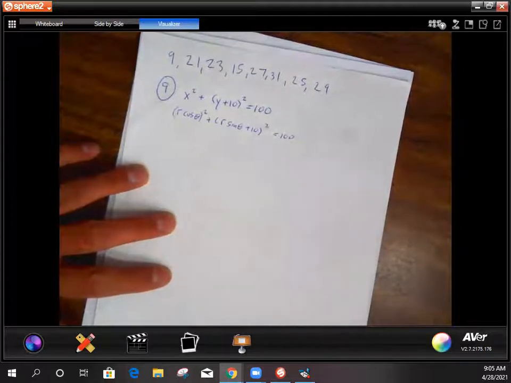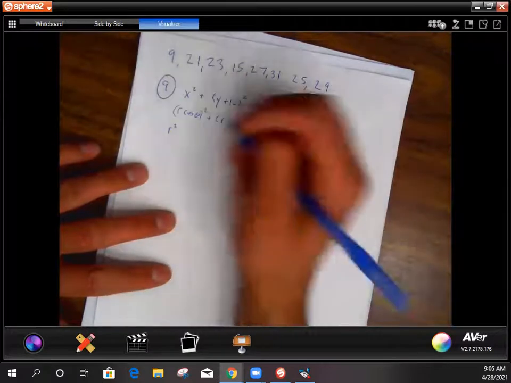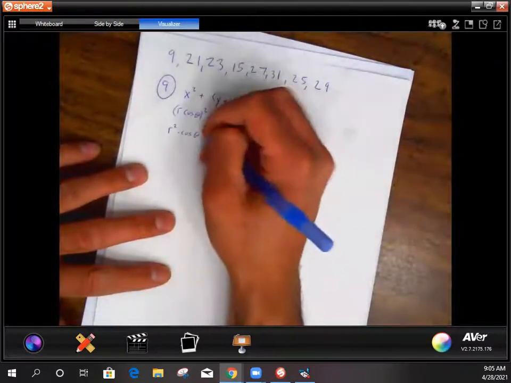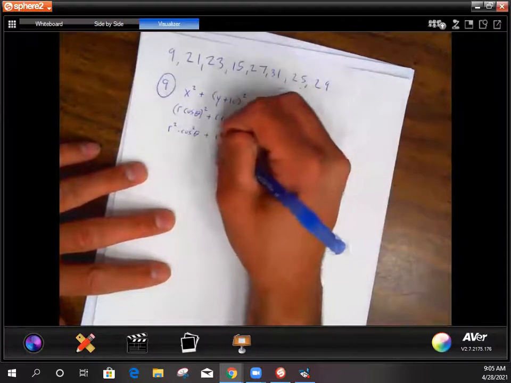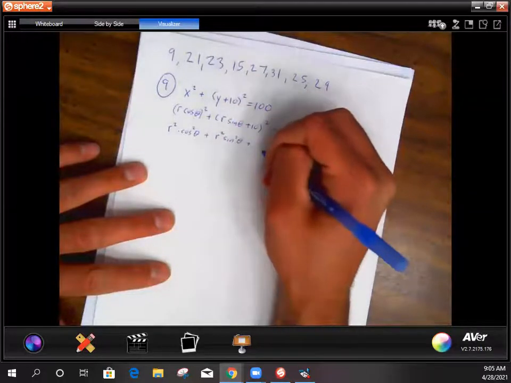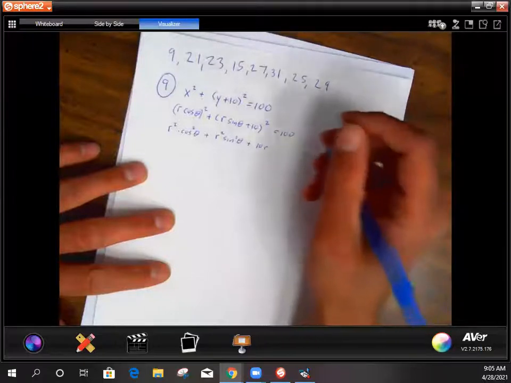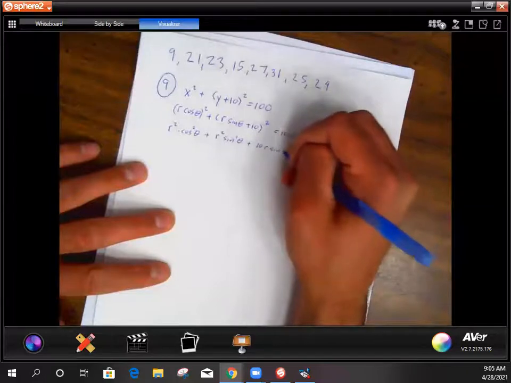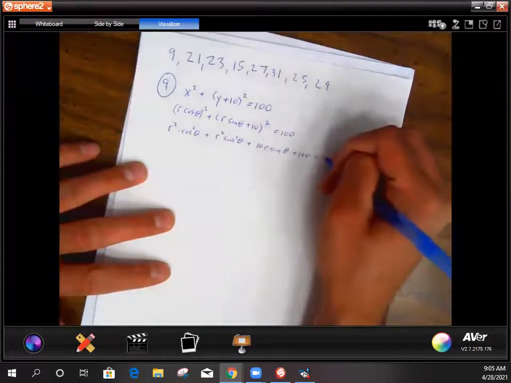We want r isolated. So I'm going to FOIL all this out. We get r squared cosine squared theta plus, and then we're going to FOIL this out too, r squared sine squared theta plus 10r sine theta plus 100 equals 100.